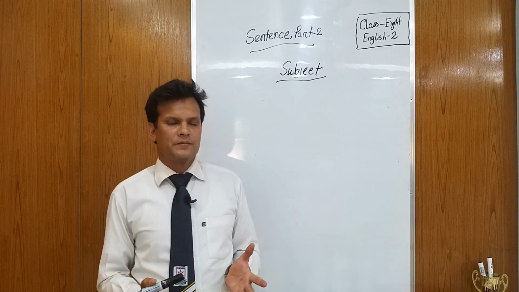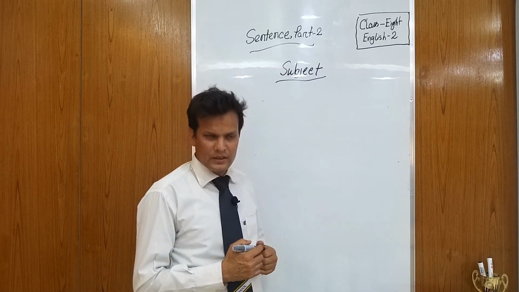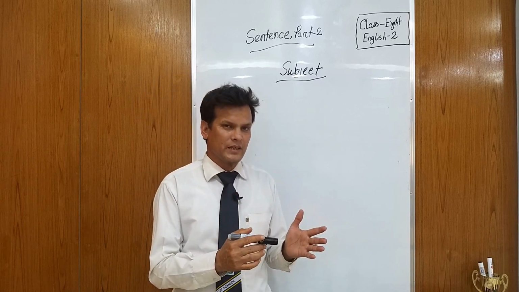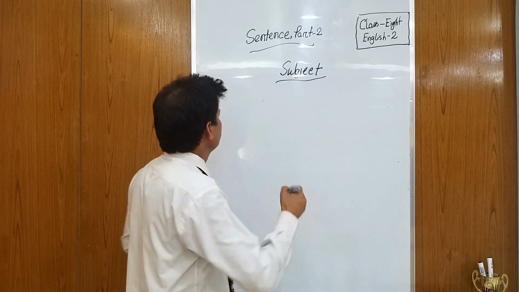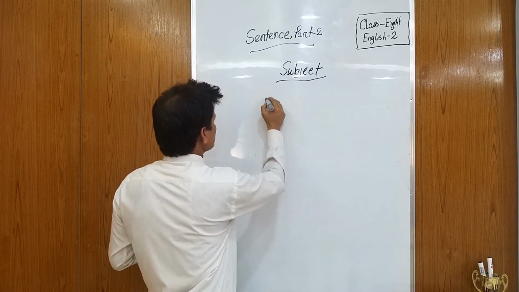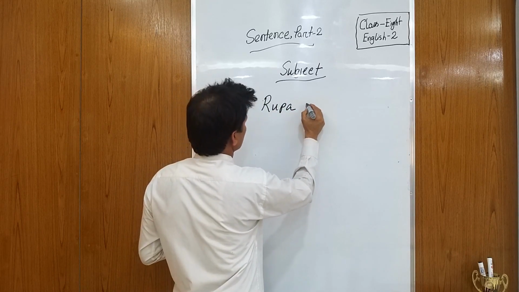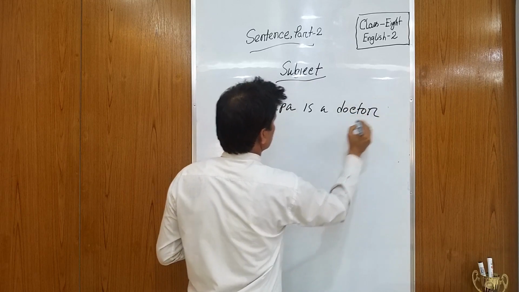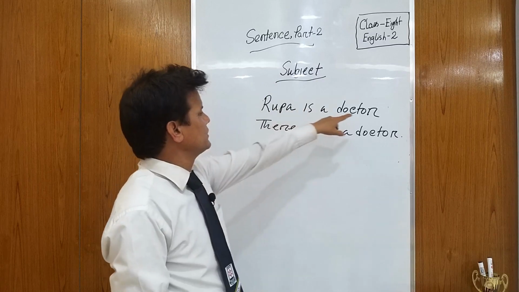Here is a classification of subject. Subjects are two: the real subject and the unreal subject. Real subject means the definite subject, and unreal subject, the indefinite subject. Rupa is a doctor.